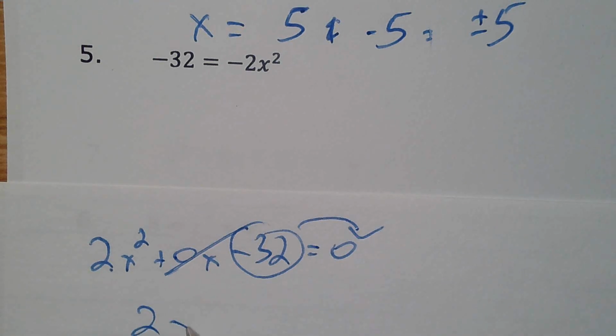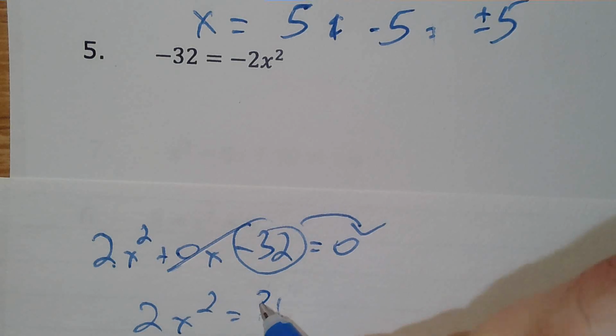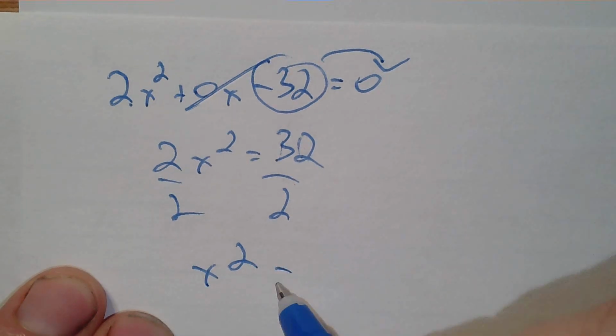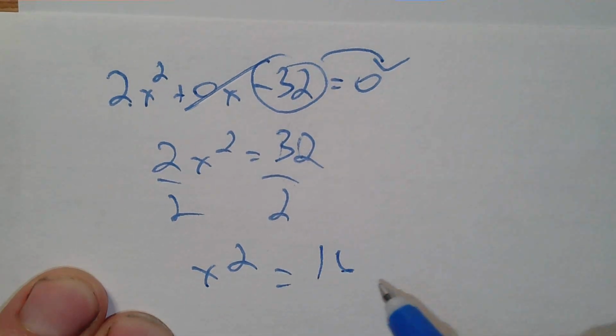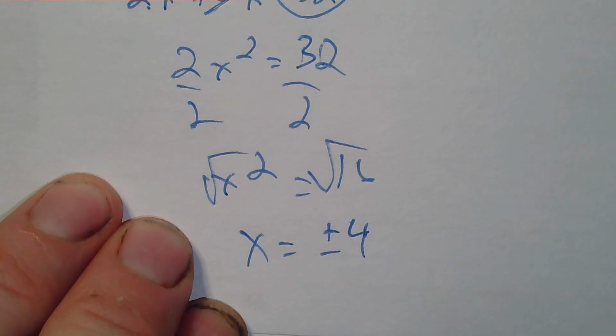So 2x squared equals 32. Now I have to divide both sides by 2, so I'll get x squared equals 16. Take the square root of both sides. X equals positive 4 or negative 4. There you go, there's that one.